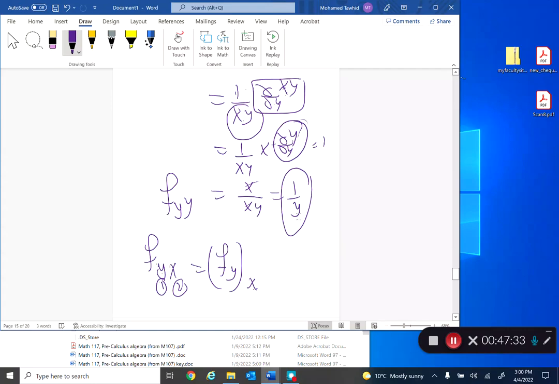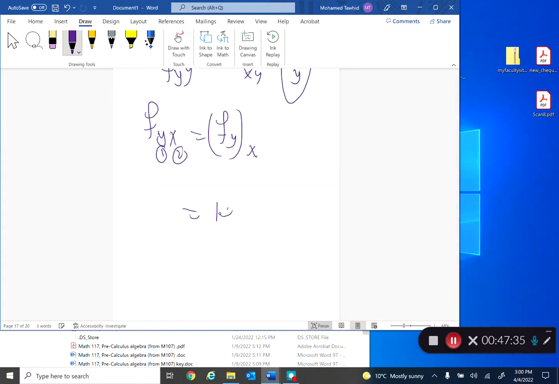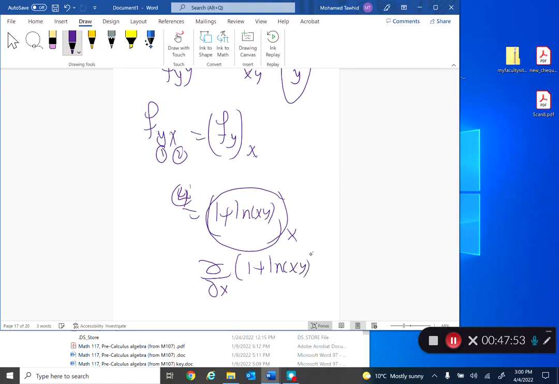So I have to write it down: 1 plus ln xy, the whole thing with respect to x, so that is f_yx here, right? That f sub y comes from equation 4.